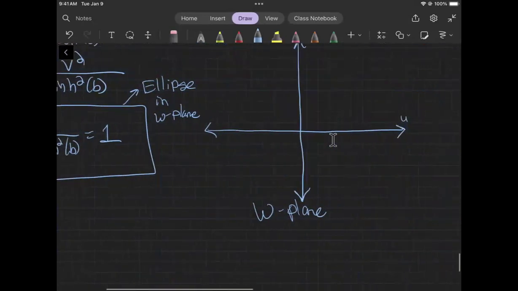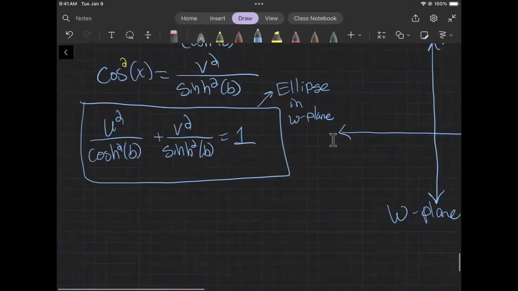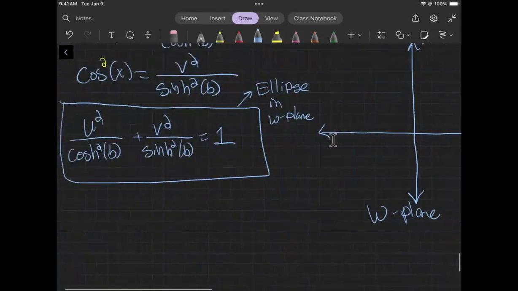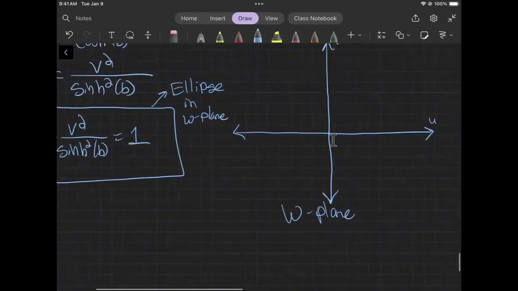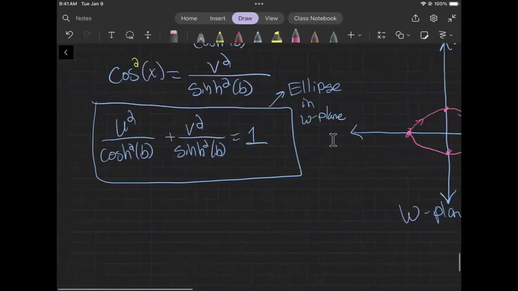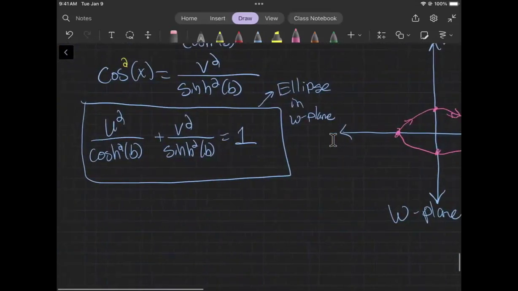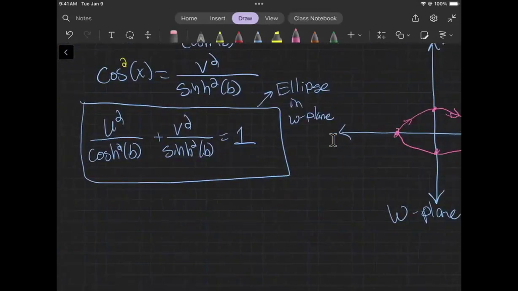So I believe the cosine value is bigger. So you're going to have ellipses that are elongated on the u-axis and short on the v-axis. Okay, but it really depends on the b number, excuse me, not the v number. But regardless, you're going to have ellipses.